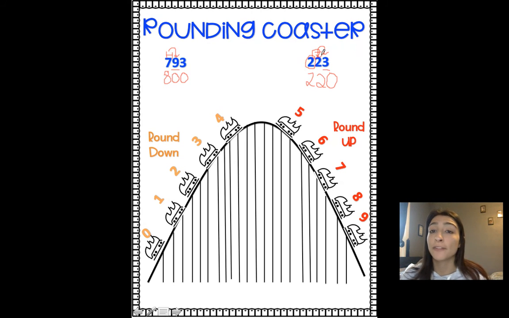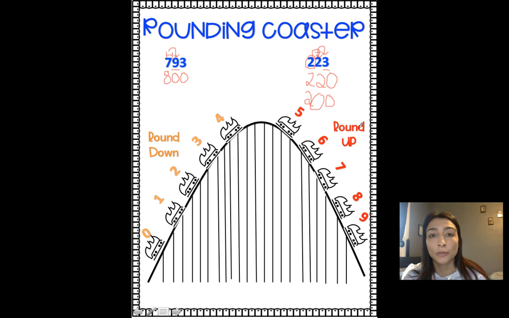So if I wanted to decide if my 100 was going up or going down, we would look at the tens place. And we could see that that is also a 2. So we would look for our 2. We see it over on round down. So if we were rounding to the nearest 100, it would be just 200. We would keep it the same because the 2 rounds us down or keeps us the same.